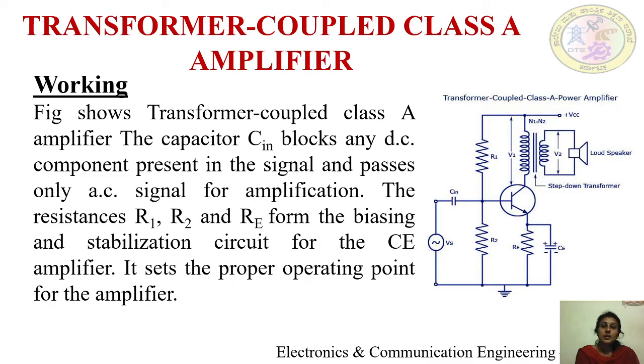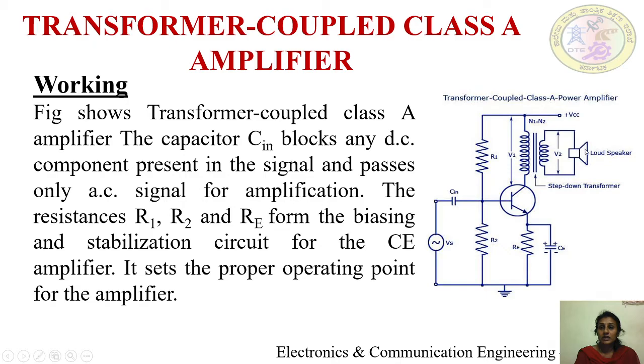Next we'll see the working of the transformer coupled class A amplifier. The figure shows the circuit diagram of the transformer coupled class A amplifier. This is the transformer, this is the primary winding, this is the secondary winding.